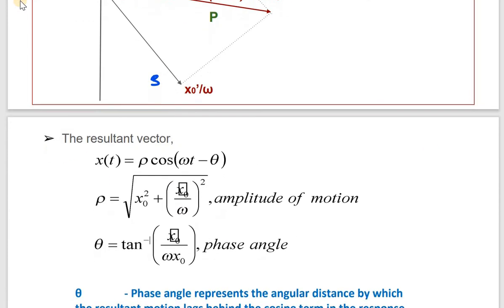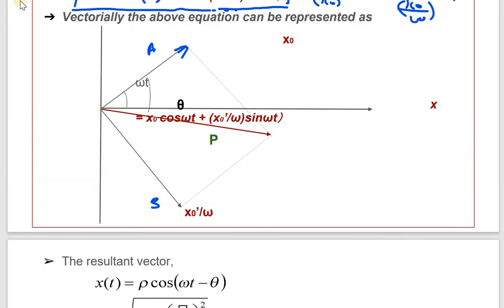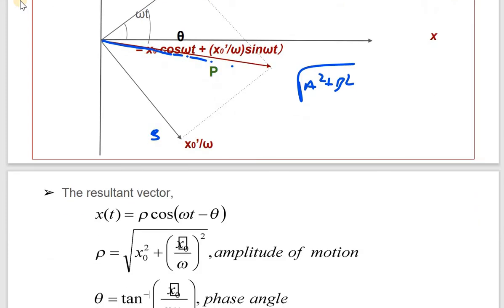Now the amplitude of the motion and the phase angle, this you need to understand. The amplitude is the root of a square plus b square, that is, the root of x dot 0 by omega the whole square plus x0 the whole square.